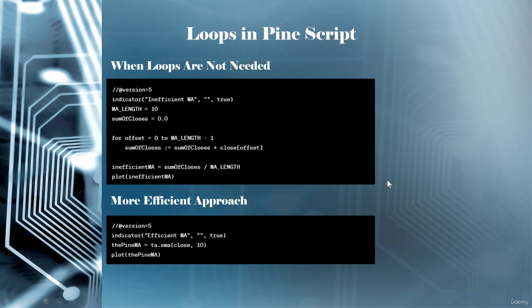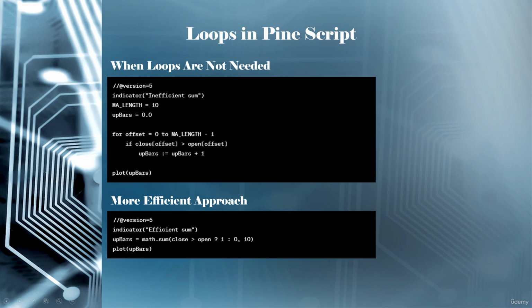Now, counting the number of up bars in the last 10 bars is another task deemed suitable for loops by beginners. However, a loop is not needed. So let's review the following code. In this code, we have a loop that iterates 10 times.